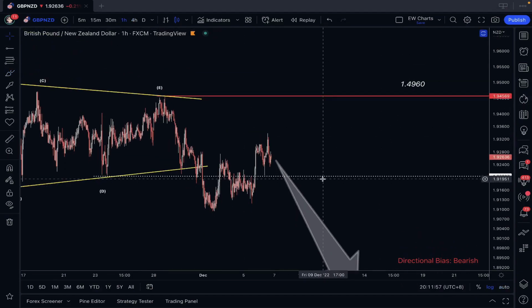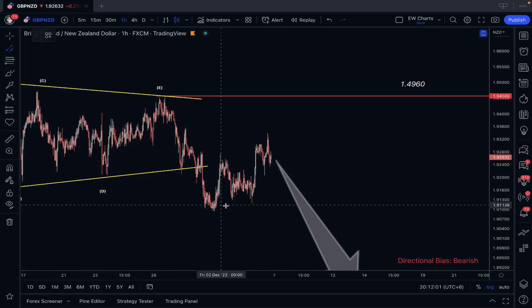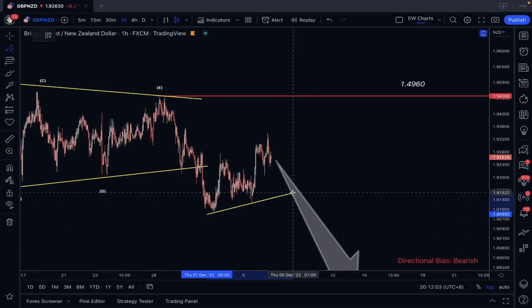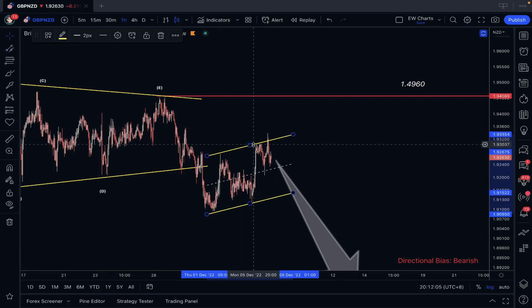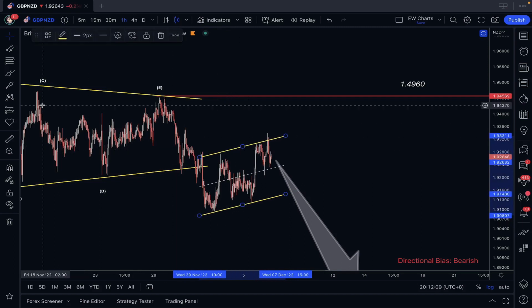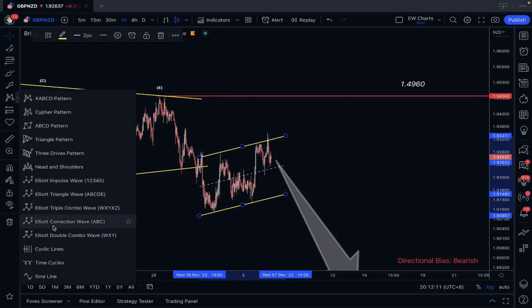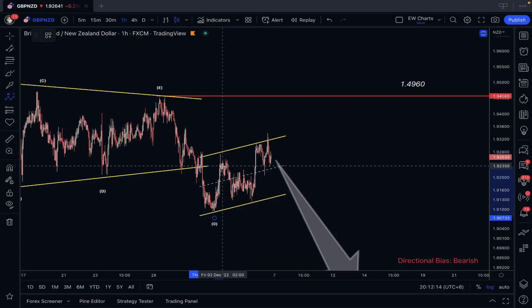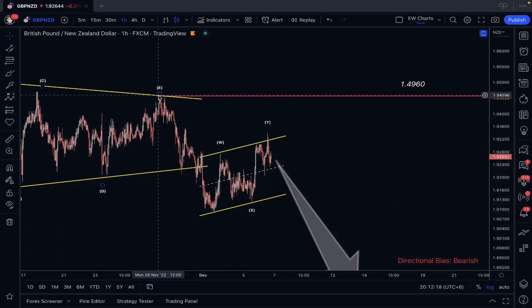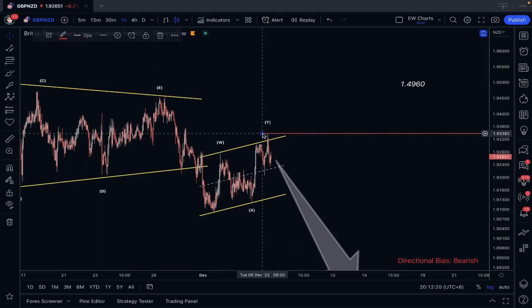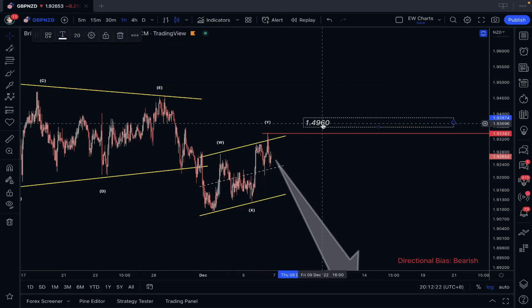Let me clean this up a little bit. So what we have over here is potentially a three-wave structure that has been completed. That high becomes a significant one.